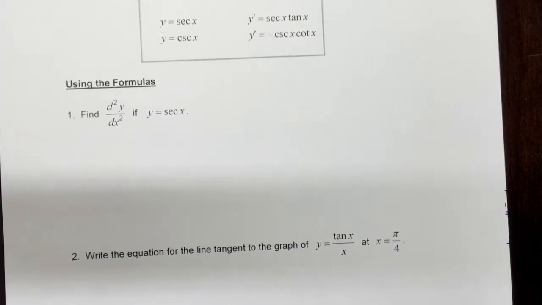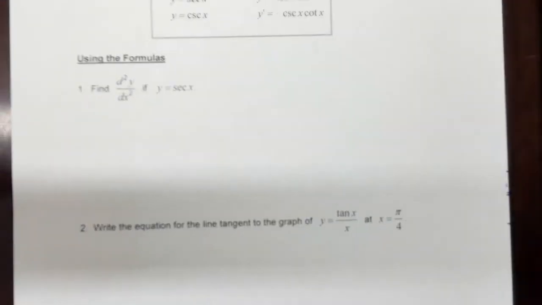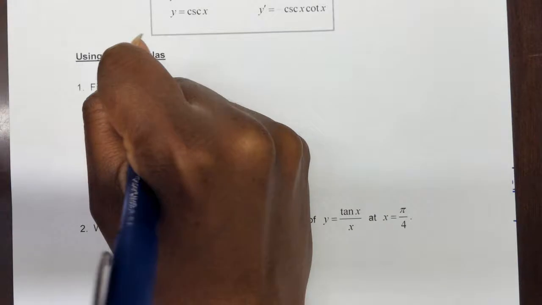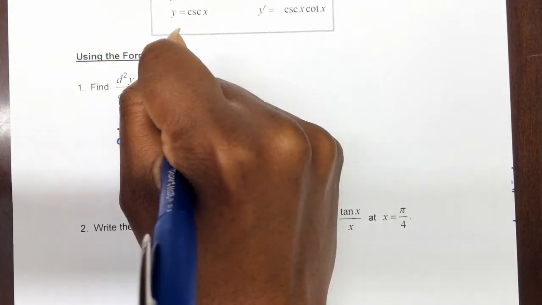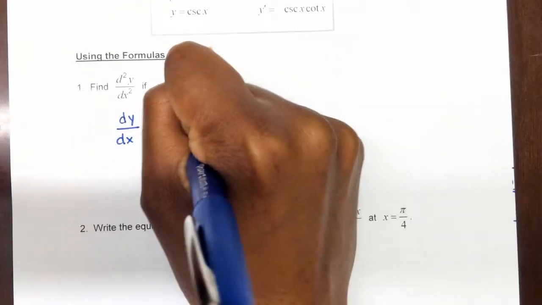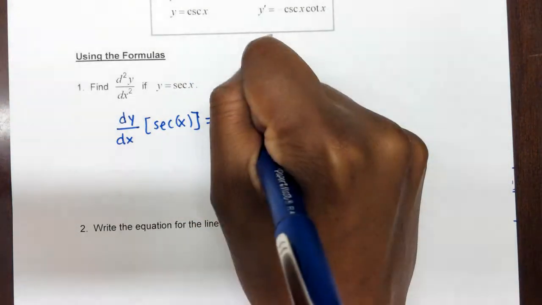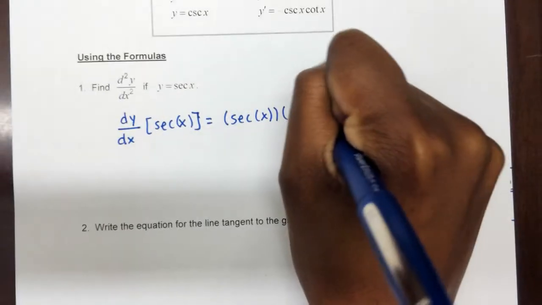And we're going to use that for number 1 to help us find the second derivative of secant x. So we know that the first derivative, dy dx of secant x, is equal to secant x times tangent x.